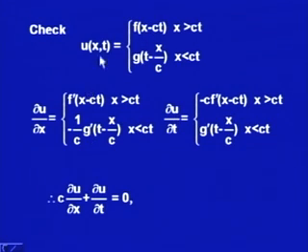Then at x equal to 0, ct should be less than 0. Whether c is positive or negative, if c is positive, as we started with, then ct is less than 0 says t is less than 0. So this is a redundant region because we are taking t to be positive.